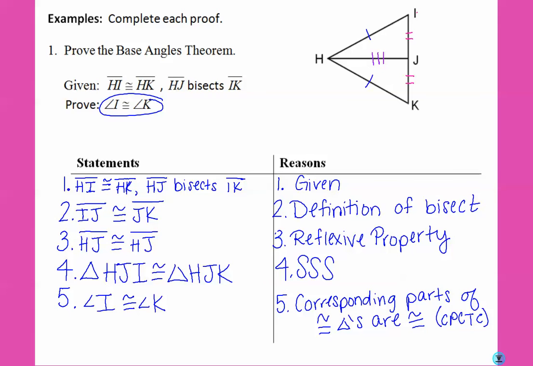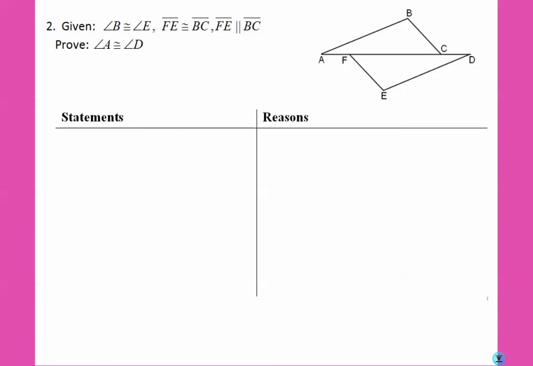In our next proof, we want to prove that angle A is congruent to angle D. So let's start with our given information. Angle B is congruent to angle E. FE is congruent to BC, and FE is also parallel to BC.